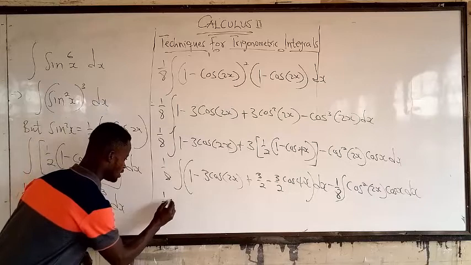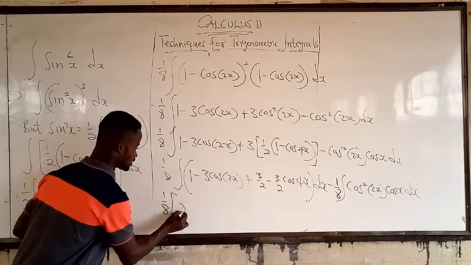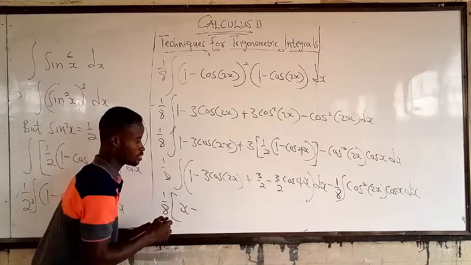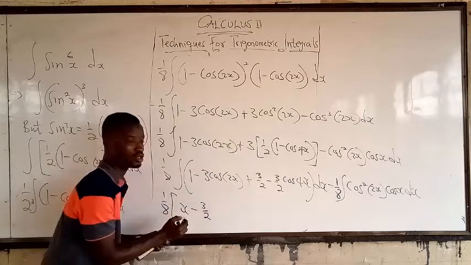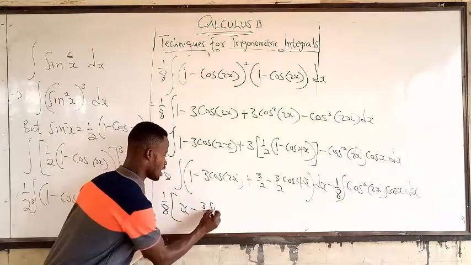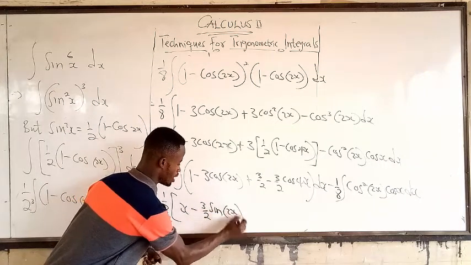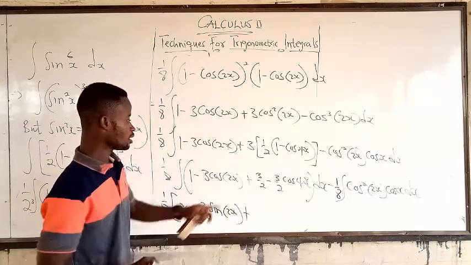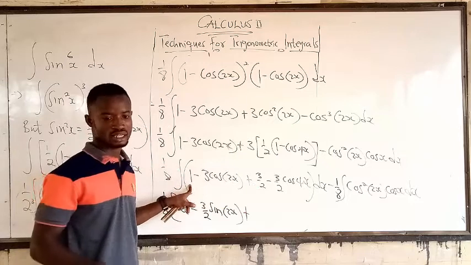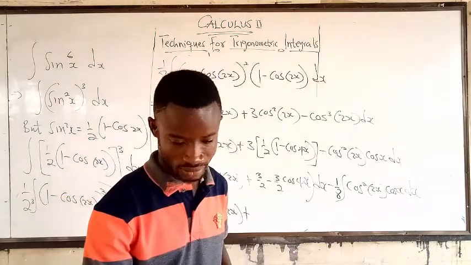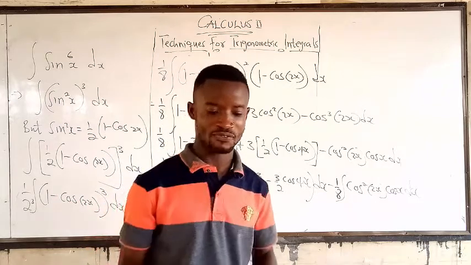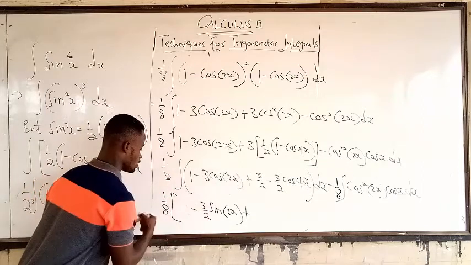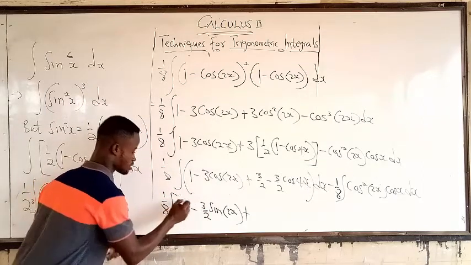So 1/8, integrate this, you get x, minus, integrate this, you get 3/2 sine 2x, plus, this is a constant, this is a constant. And when you add that, what are you going to get? You get 5/2. So plus 5/2 x.